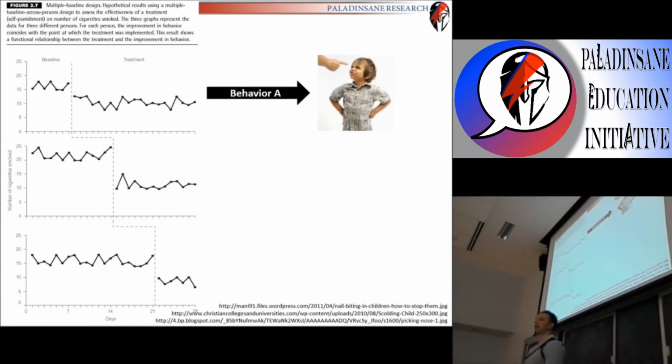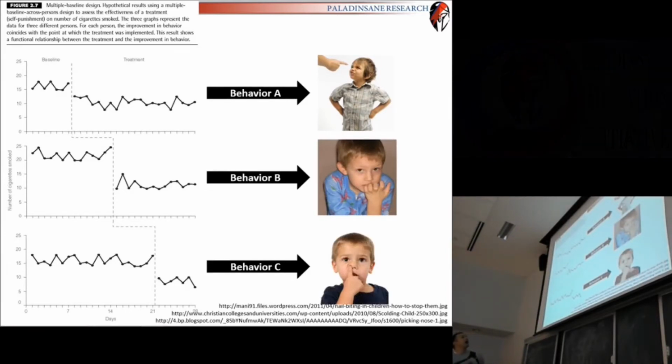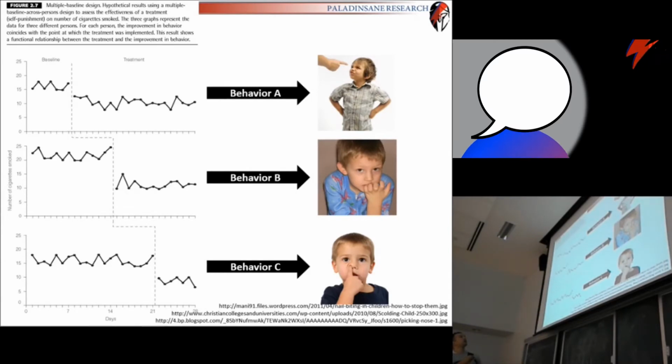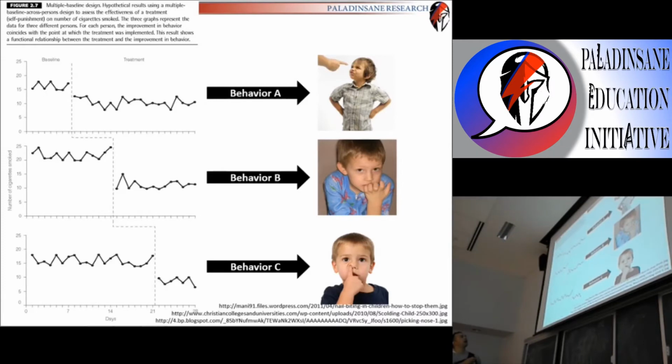So maybe you tell the parent, put them in timeout for 3 minutes every single time they make a face, but you leave the nail biting alone and you leave the nose picking alone, and you track how many faces they're making, how much nose picking, how much nail biting.